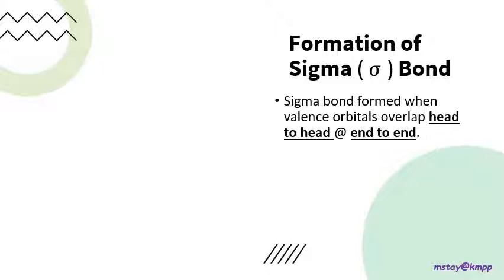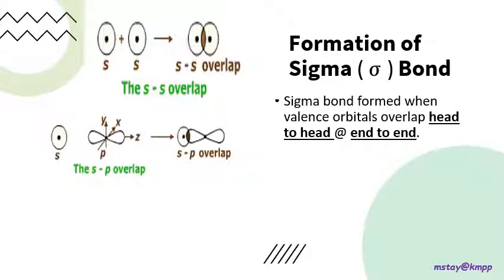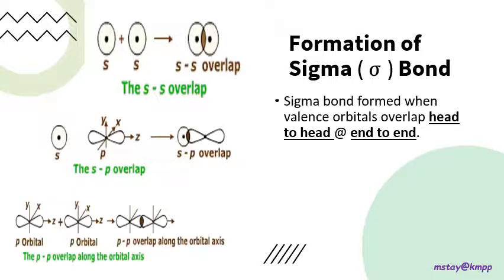So normally, first, two s orbitals overlap, or one s orbital overlaps with one p orbital, and third, two p orbitals overlap each other. So this is how the sigma bond is formed.